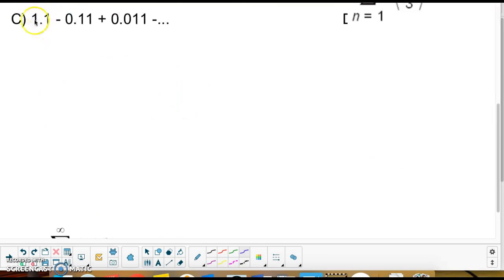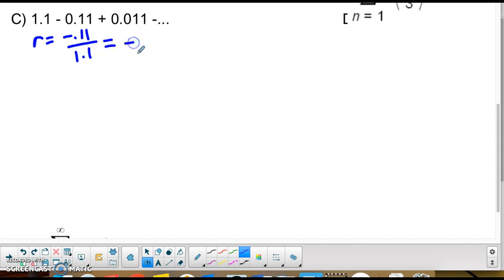Okay, part C, we're going from 1.1 to -0.11 to positive 0.011. So we're going to find that ratio by taking -0.11 and dividing it by 1.1. And that's actually going to give us a ratio of -0.1, or -1/10.